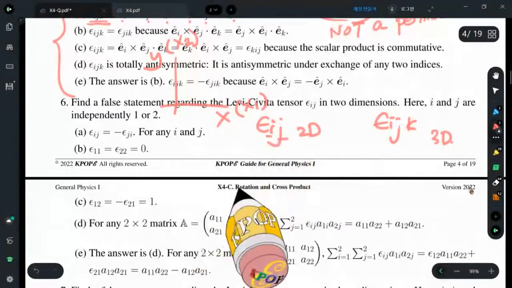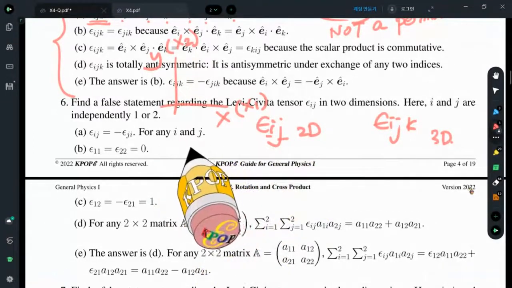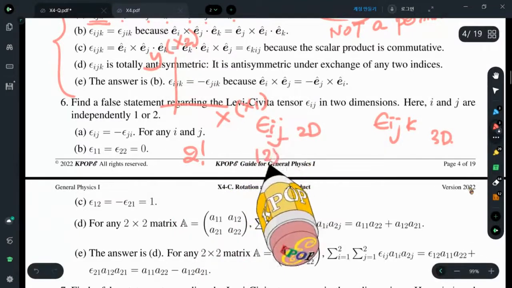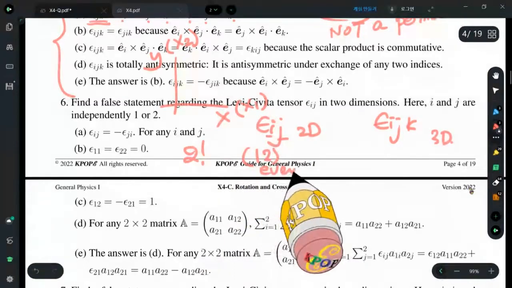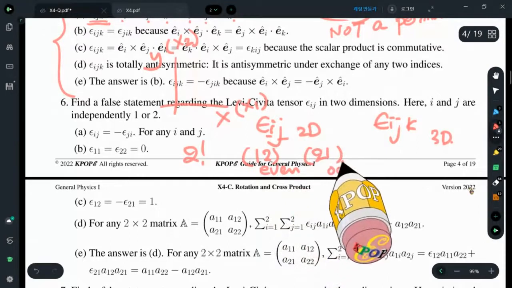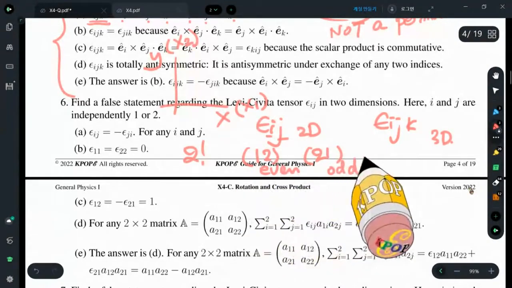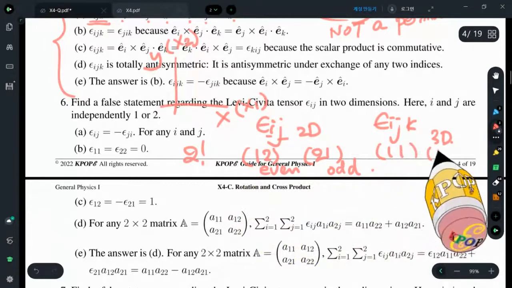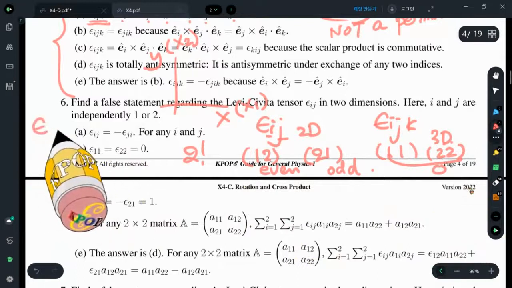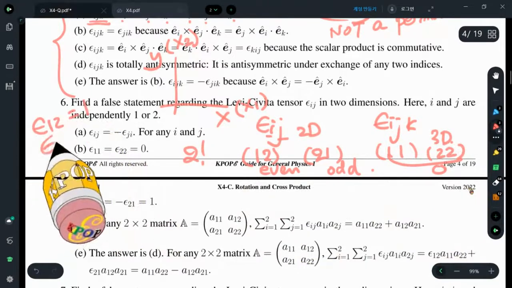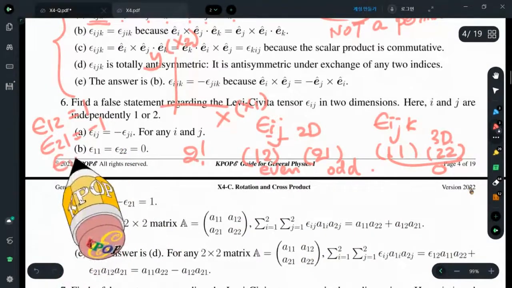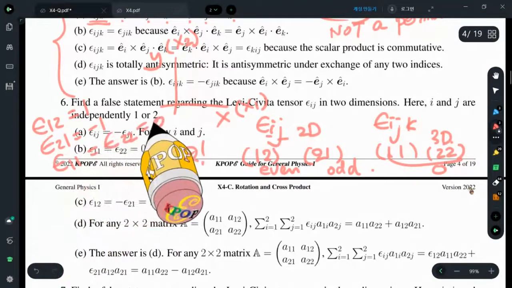We have 2 indices, so there are 2 factorial permutations. 1, 2 is an even permutation, only a single permutation, and 2, 1 is an odd permutation. Except that, we have 1, 1 and 2, 2, they are not permutations, so they vanish. So we have epsilon 1, 2 equals 1, epsilon 2, 1 equals -1, and epsilon 1, 1 and epsilon 2, 2 equal 0.